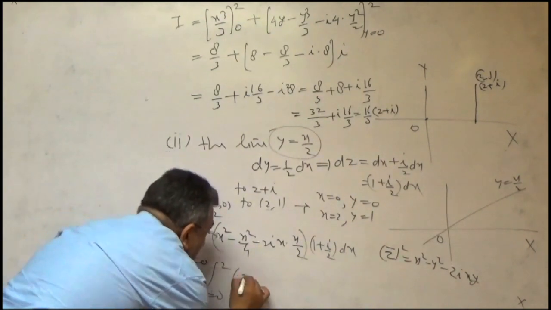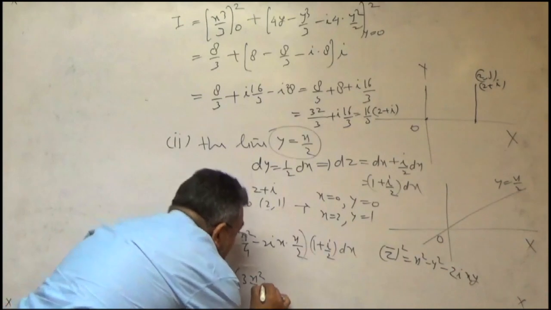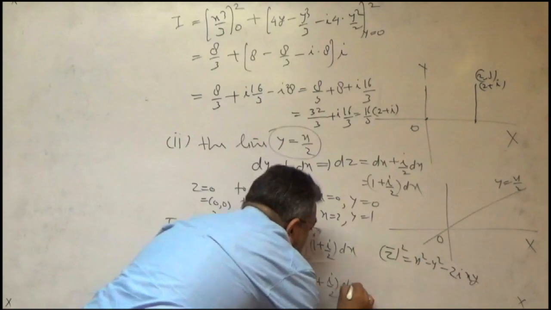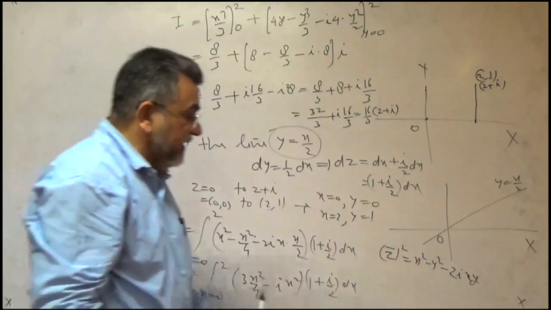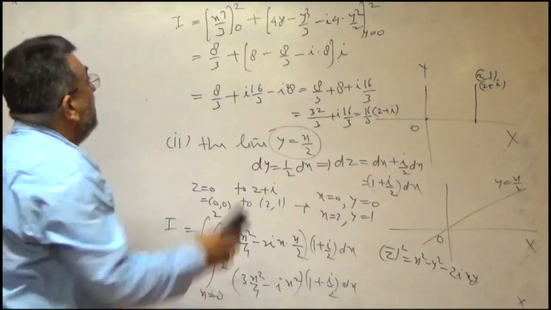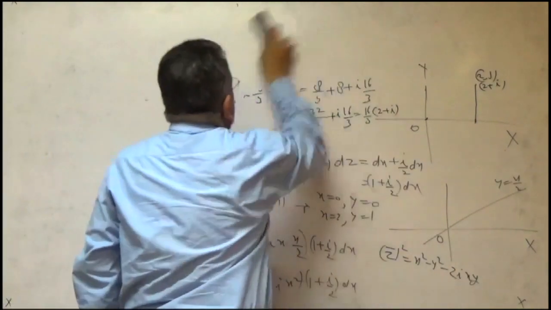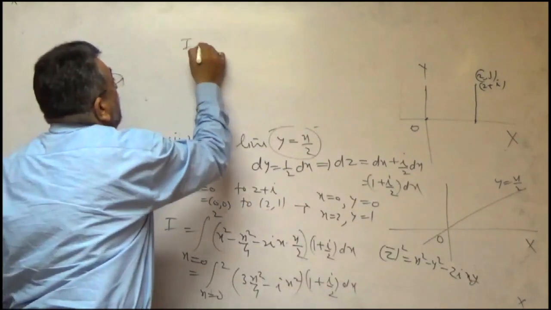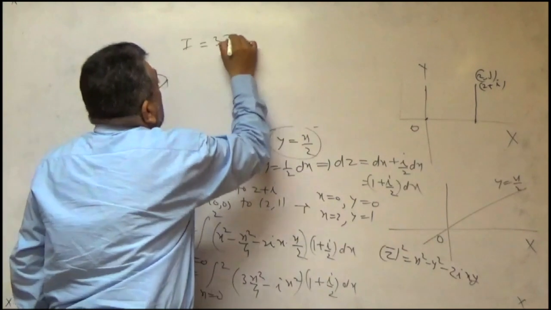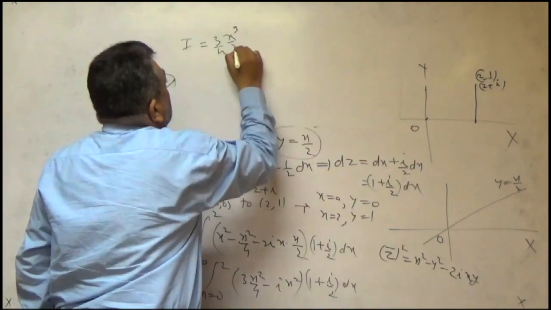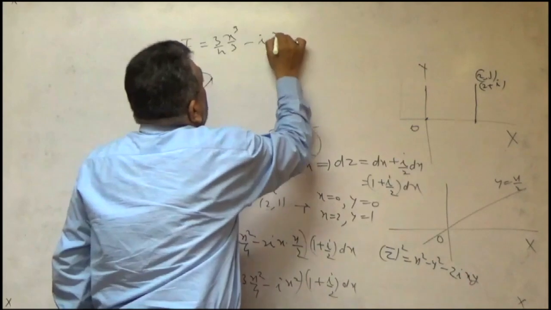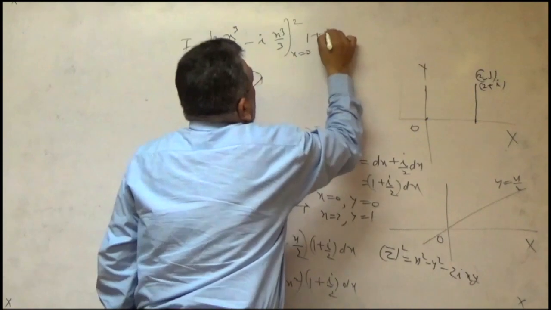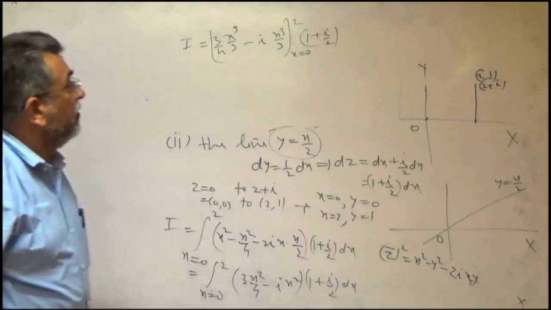This is 3x square by 4, this is i x square, this is 1 plus i by 2 dx. Now this is simply a definite integral with respect to x between limit 0 to 2, so you can solve it easily. That is I equal to, integrate this, 3 by 4 times the integration of x square, which is x cube by 3, minus i times x cube by 3, x equal to 0 to 2, and 1 plus i by 2 is a constant value, which is already multiplied.